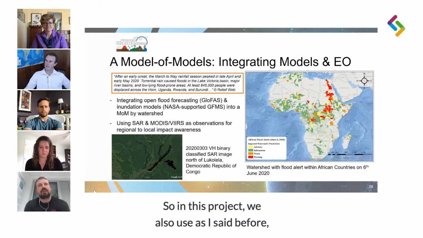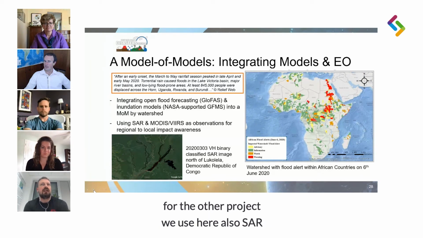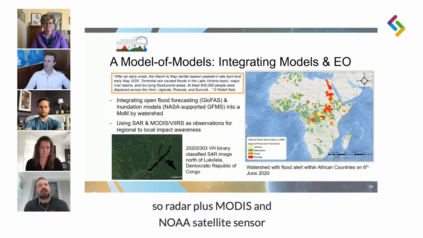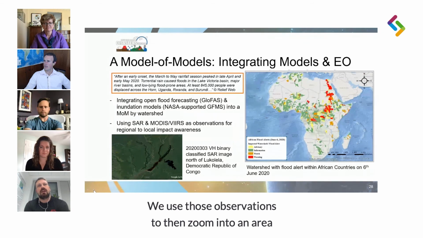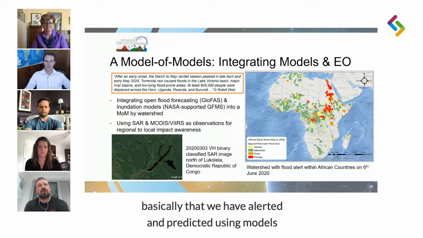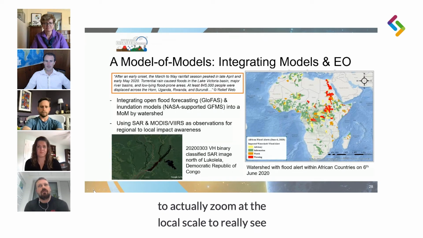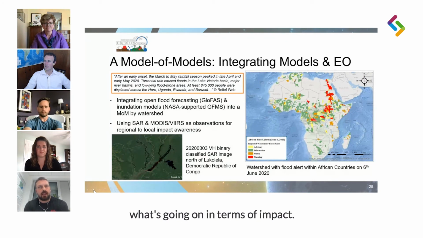So in this project, as I said before for the other project, we also use SAR, so radar, plus MODIS, and a NOAA satellite sensor, also optical, called VIIRS. We use those observations to then zoom into an area that we have alerted and predicted using models, to actually zoom at the local scale to really see what's going on in terms of impact.